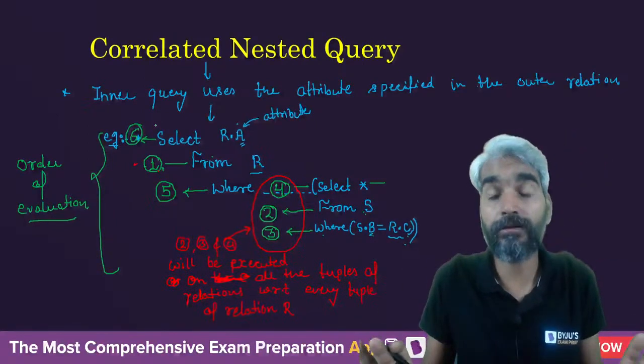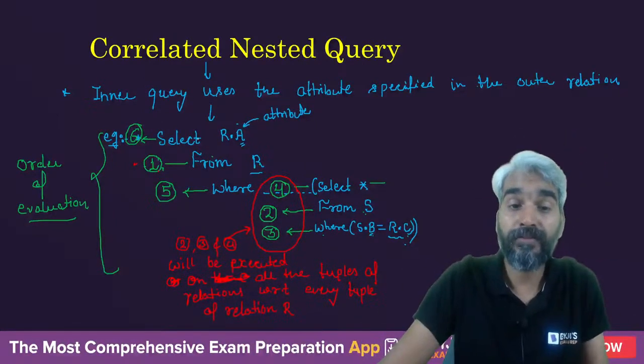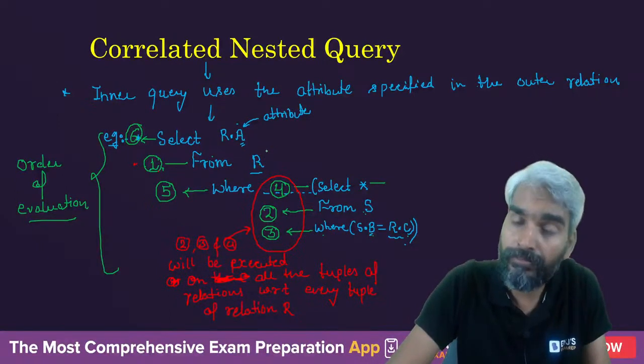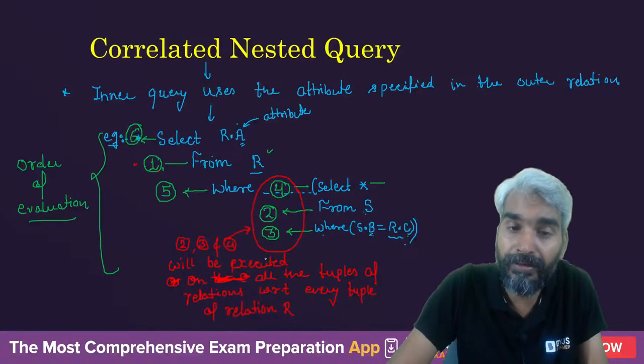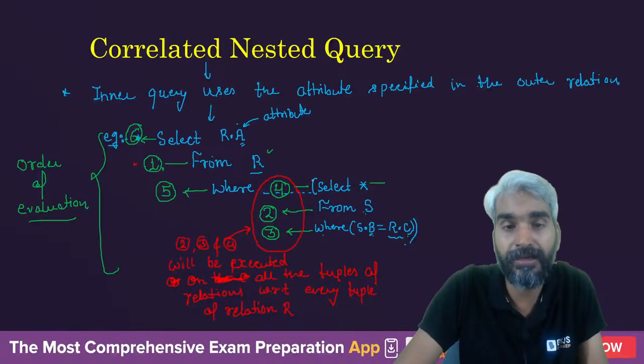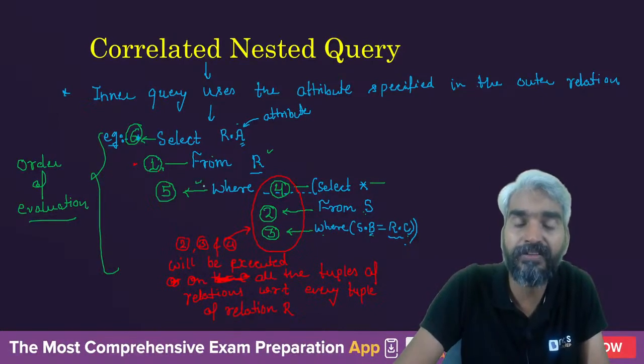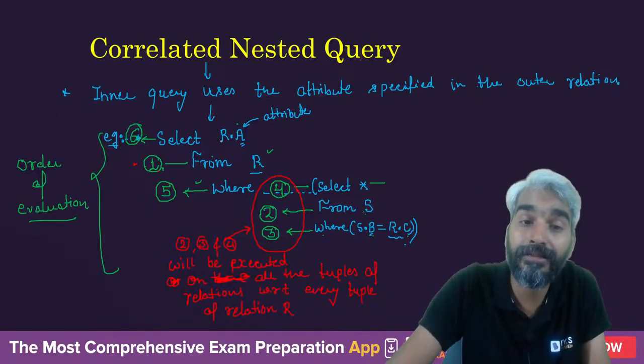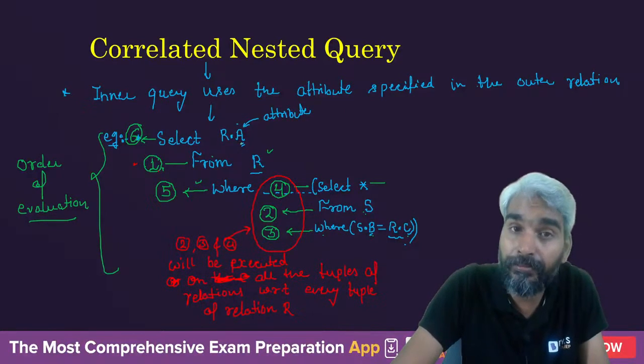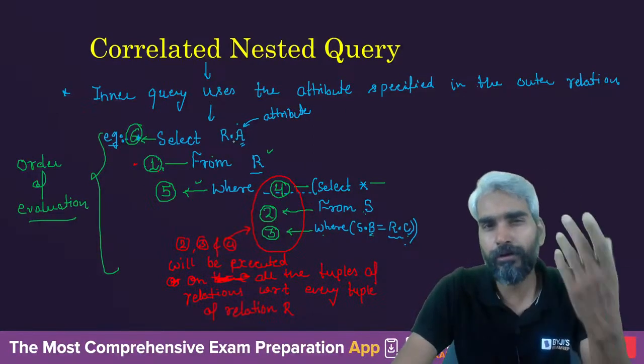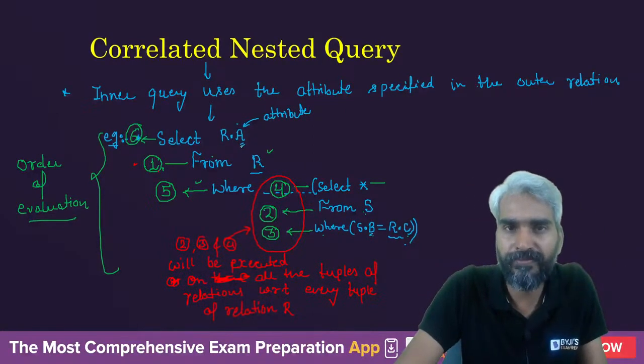It is very important. First, you will take one tuple from relation R. You will scan the complete inner table with respect to the first tuple. Based on that, you will determine whether the where condition is true or false. And based on that, you will either select the attribute A from that first tuple or you will not select the attribute A from that first tuple.